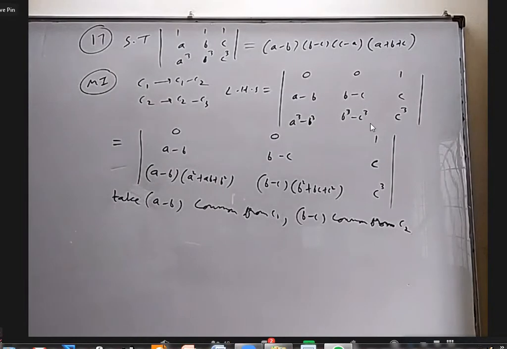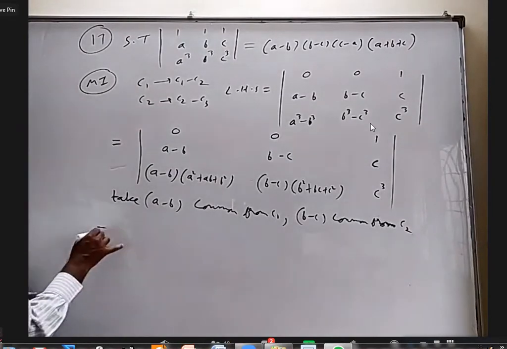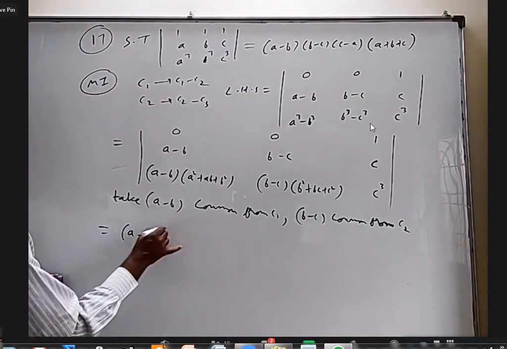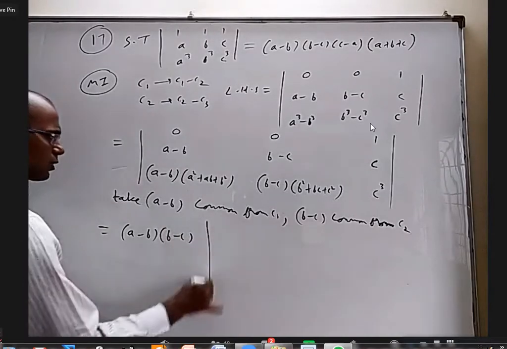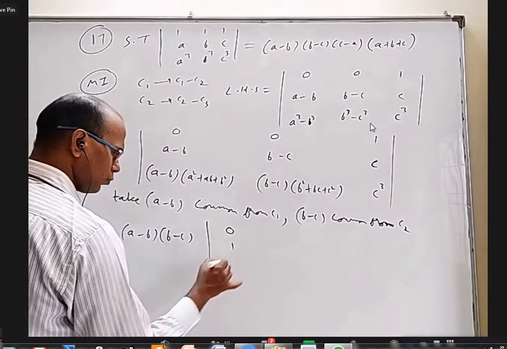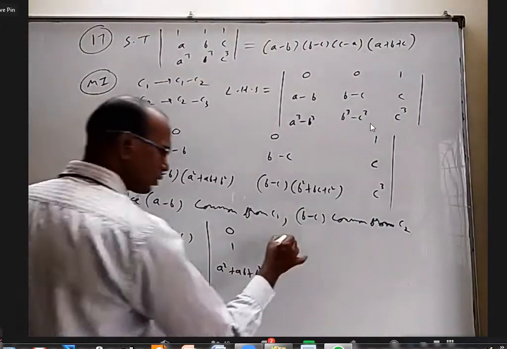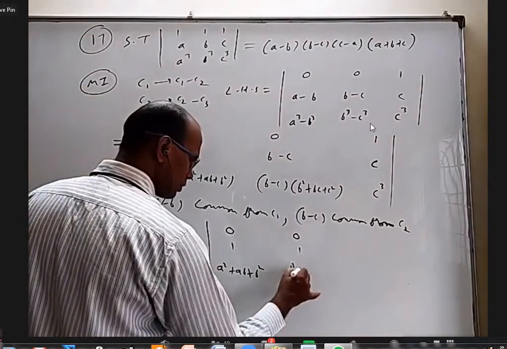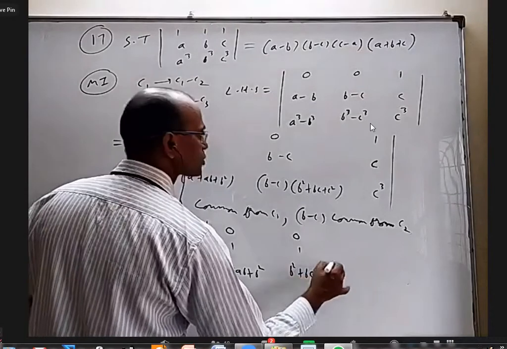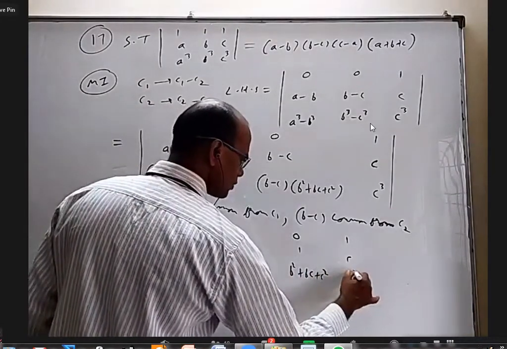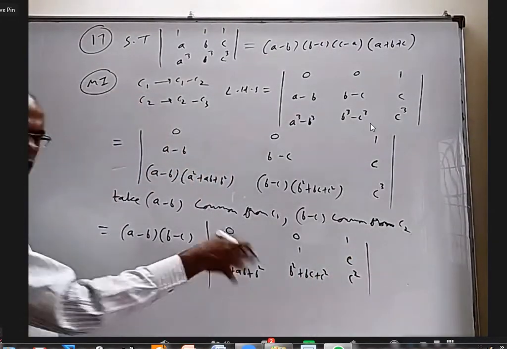Yes, sir. Okay. So this is a minus b, this is b minus c. 0, 1, a square plus ab plus b square. 0, 1, b square plus bc plus c square. 1, c, c square. I can expand this directly.